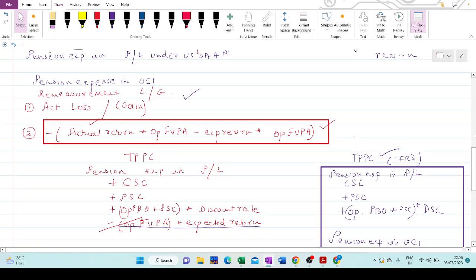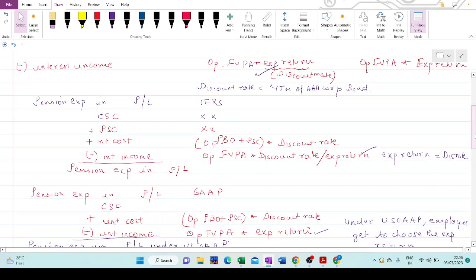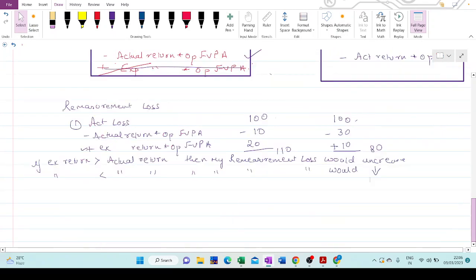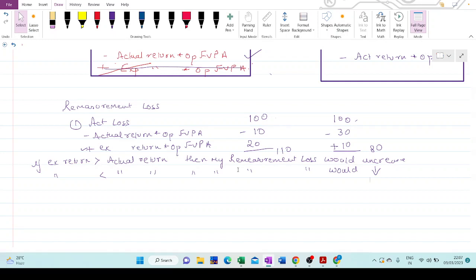Now guys, these remeasurement gains, so I'm talking of IFRS for the time being. These remeasurement gains or losses are not amortized. So whatever pension expense sits in the OCI is not amortized. They sit in the OCI till the pension plan is settled.